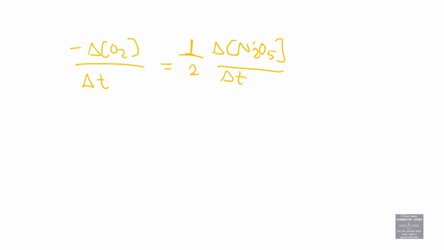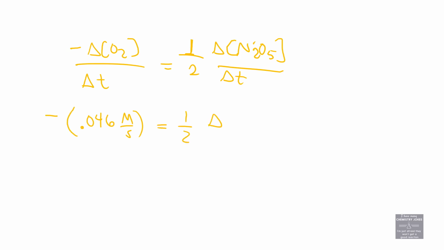So I got negative delta O2 over delta T is equal to, where'd it go, positive 1/2 delta N2O5 over delta T. So I know this is 0.046 molarity per second at the instant they're discussing.